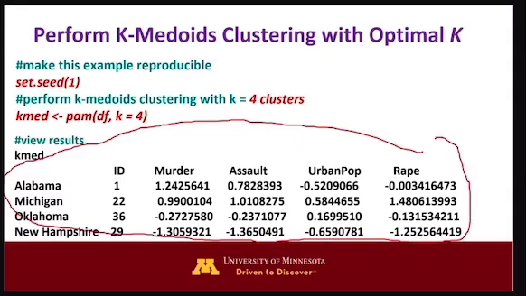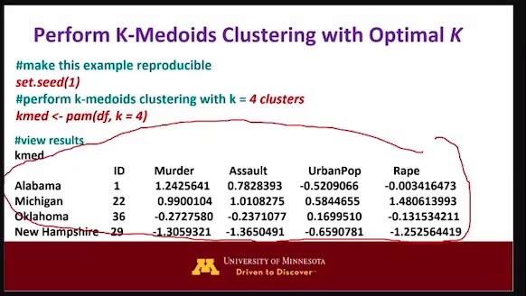This is just giving you, in cluster 1, Alabama is one of the members. It's not only Alabama in cluster 1, there are so many others in cluster 1. In cluster 2, Michigan is part of that.